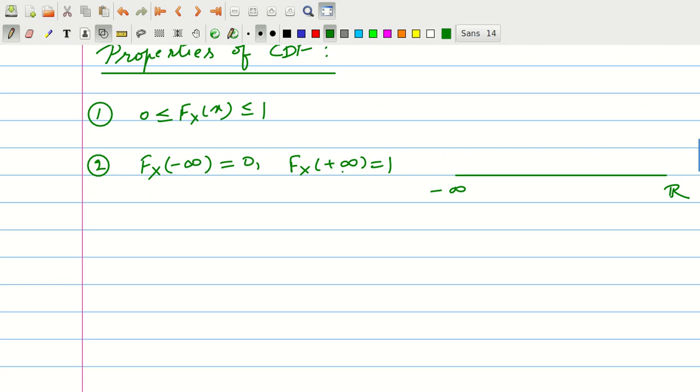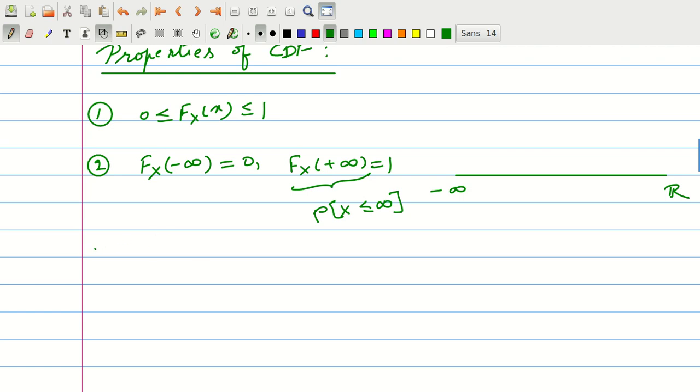And F_X of plus infinity equals 1, because it simply means probability X less than or equal to plus infinity, which is the entire real line, and all the sample points are mapped on some finite values on the real line, and therefore this is a certain event and the corresponding probability must be 1.